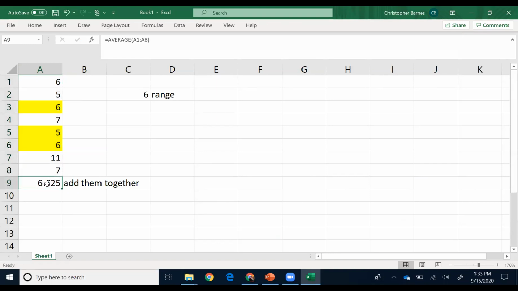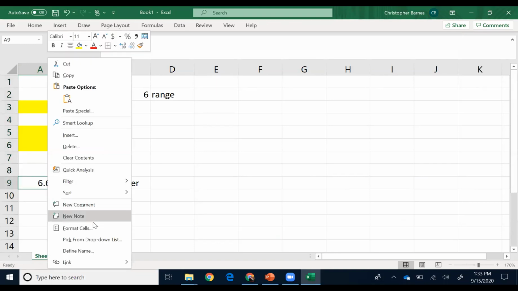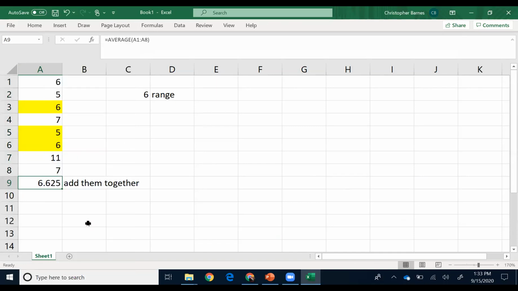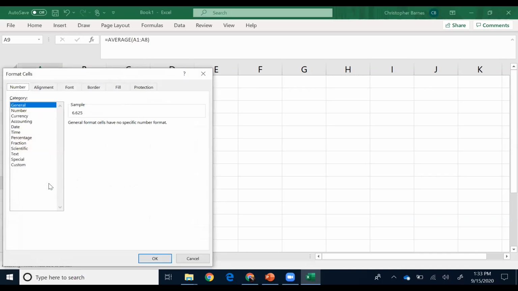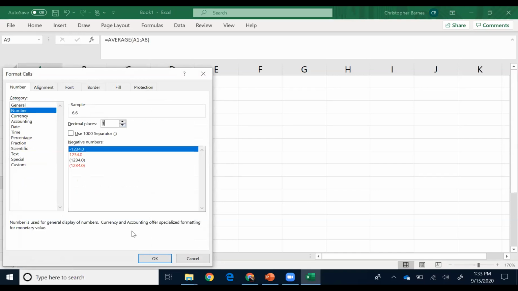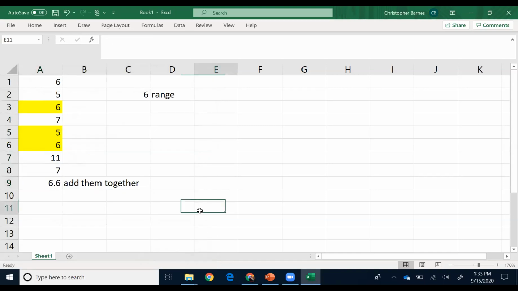Now, does anybody remember the rounding rule that we're supposed to use when we're rounding measures of center? How are we supposed to round these data values?